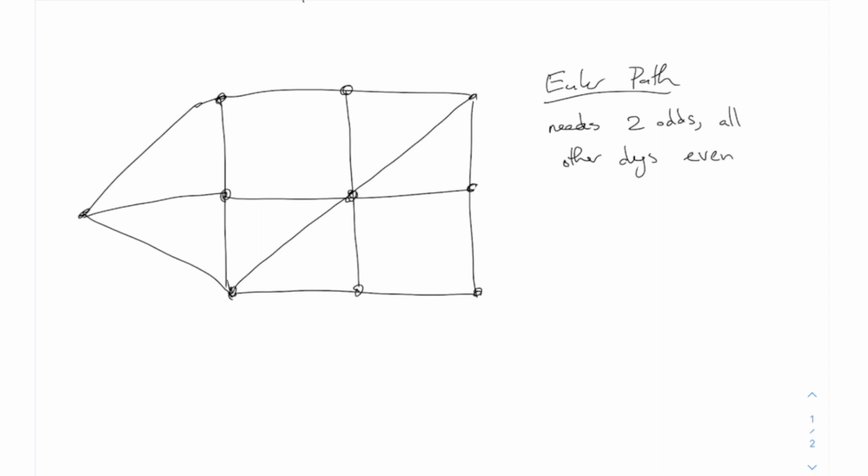And that is going to be impossible also. You saw that we had more than 2 odds in this case. So I suppose this example isn't terribly interesting so far. This is also not possible in this example because we have many odd degree vertices.